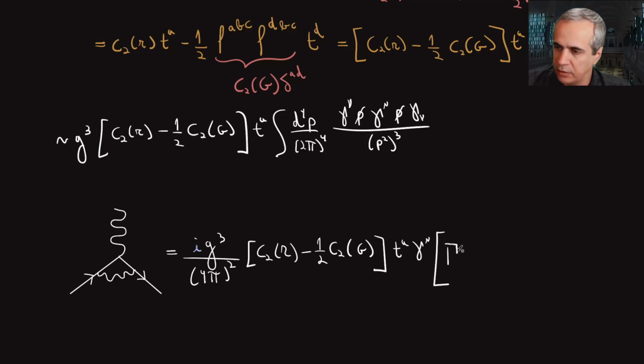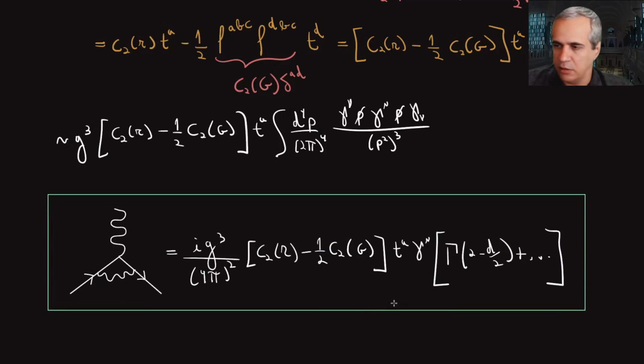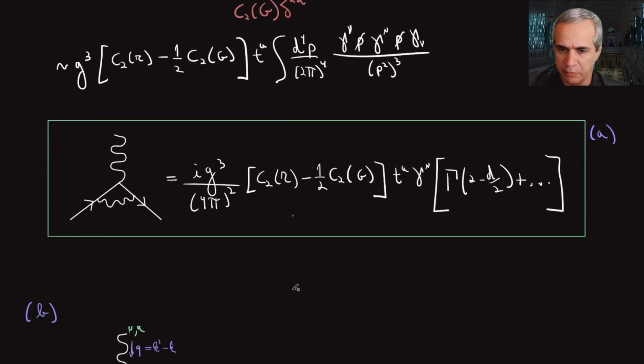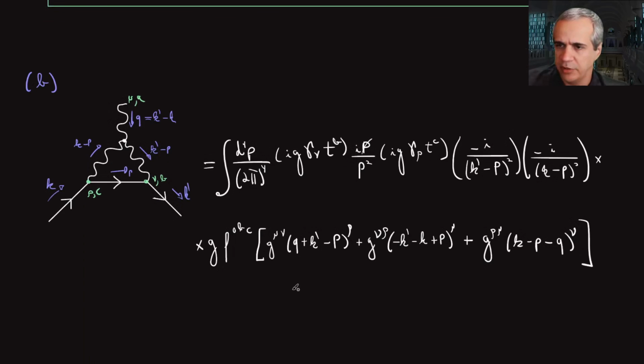Again, same thing: the log divergence plus finite terms, which I don't care too much about at this point. So this is diagram A. So let's move on to diagram B, which is here.